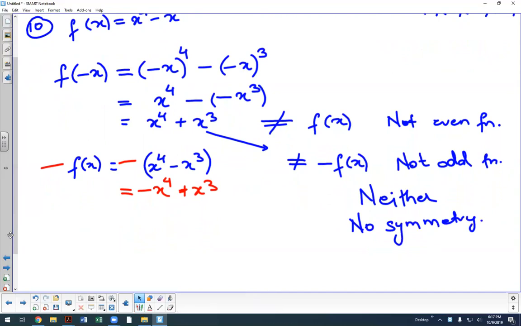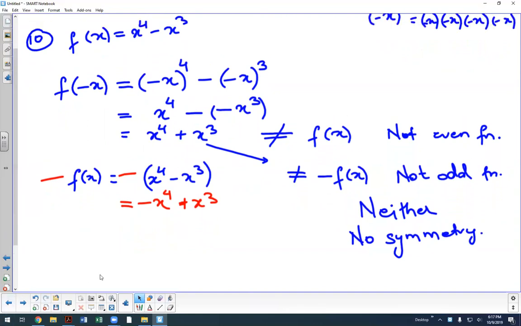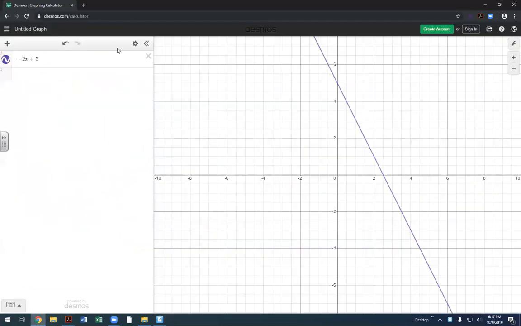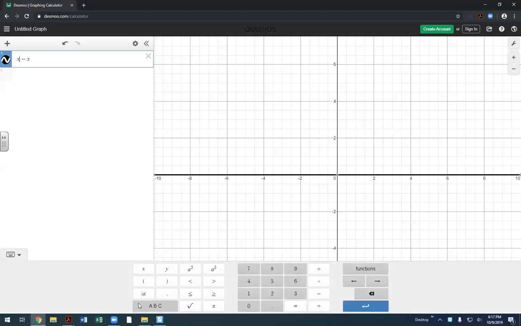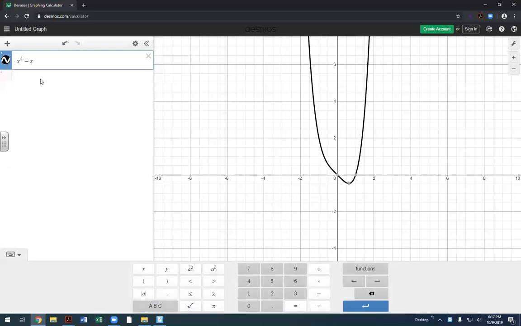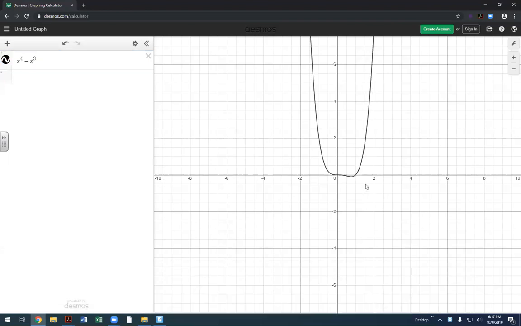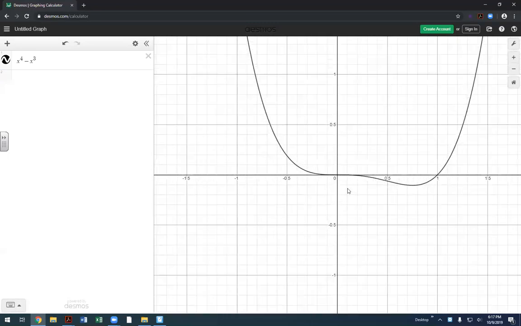Well, let me show you what that original function actually looks like. So this is x to the 4th minus x to the 3rd. And look at how that function looks, right?